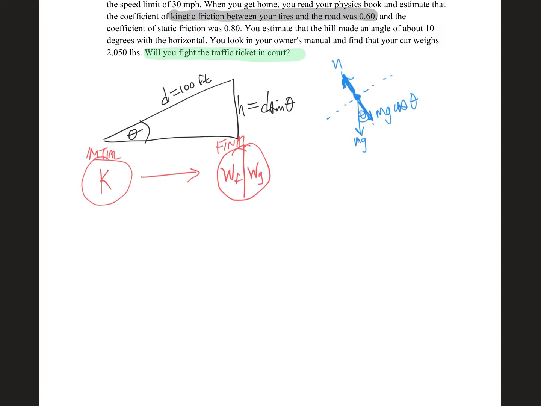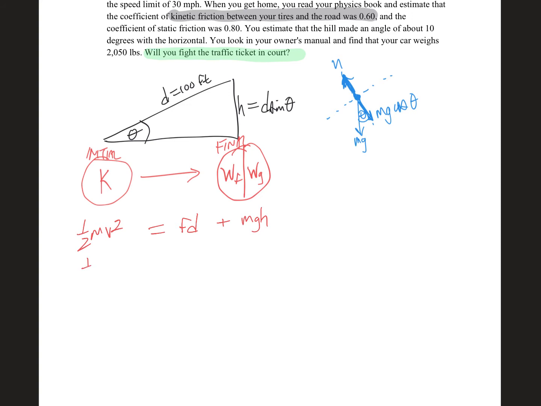All right. And so that means I'm going to have my 1/2 mv squared will equal the work done by friction. Well, that's going to be Fd, to put it simply. And work done by gravity would be mgh.